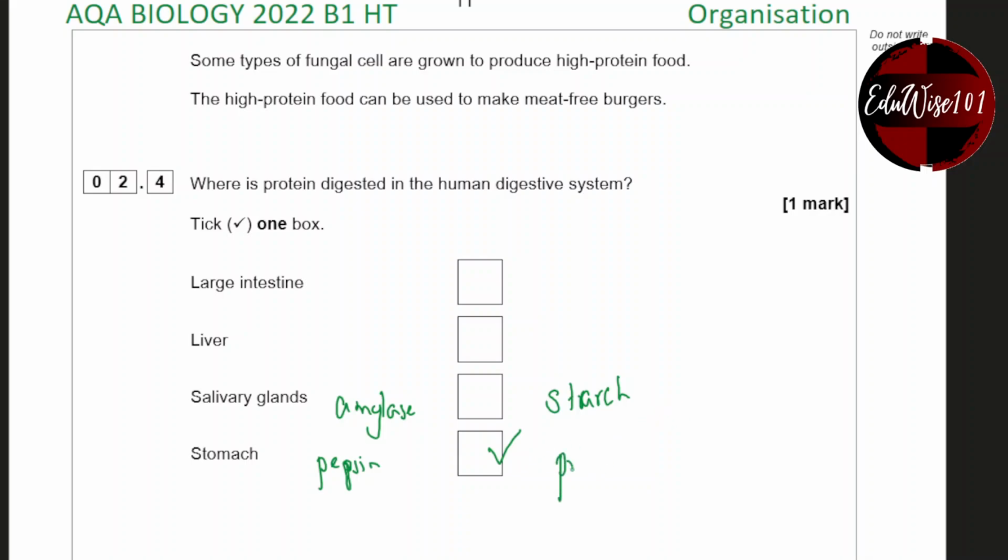So proteins to amino acids, starch to glucose. The liver, although it produces enzymes, digestion doesn't actually take place in the liver. Large intestine, usually carbohydrates, right?